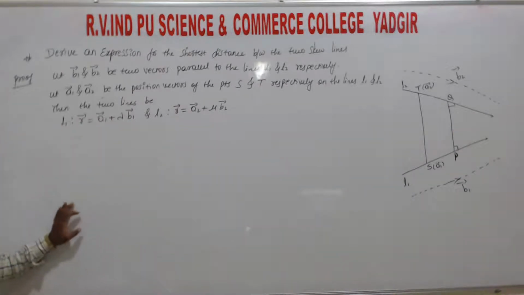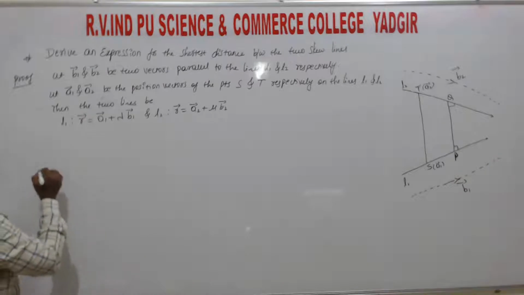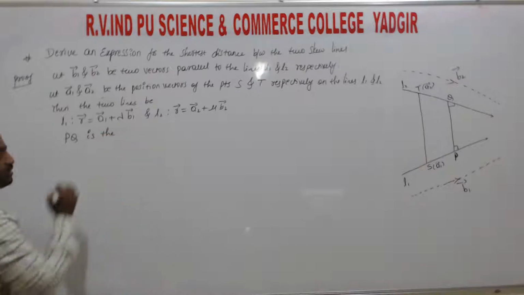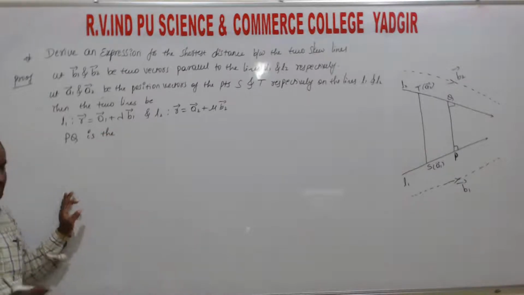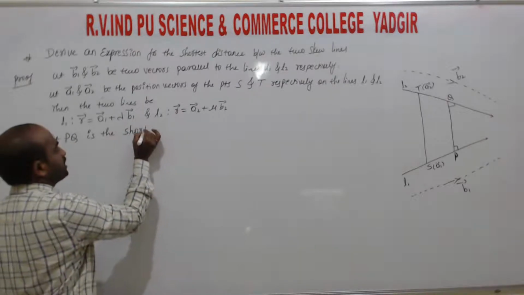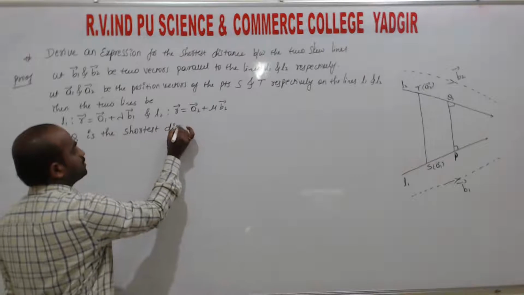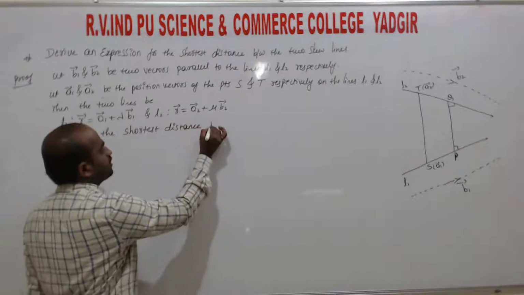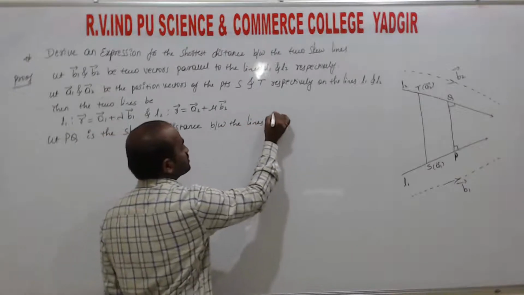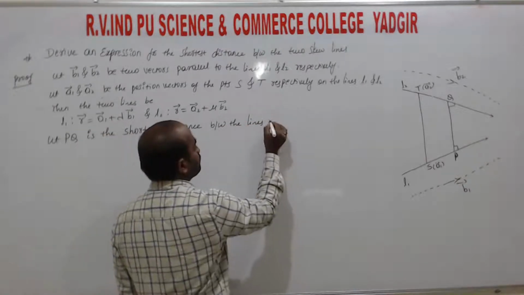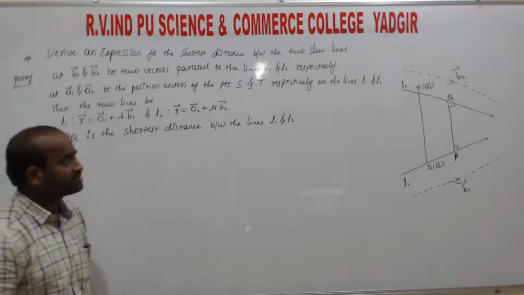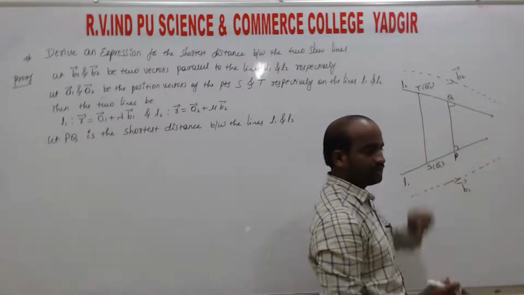PQ is the shortest distance between the lines L1 and L2.